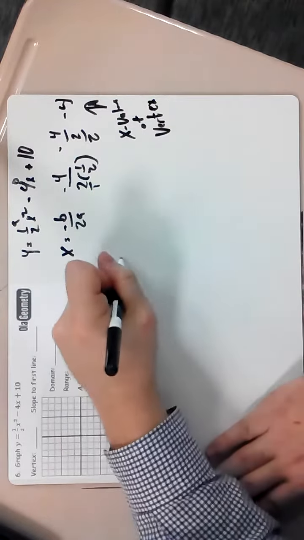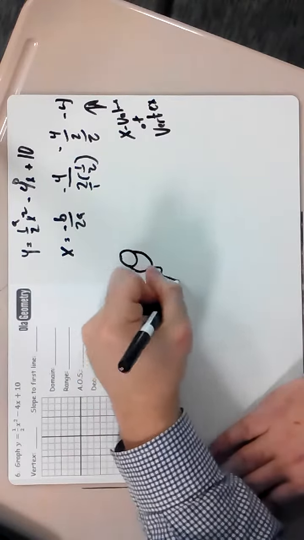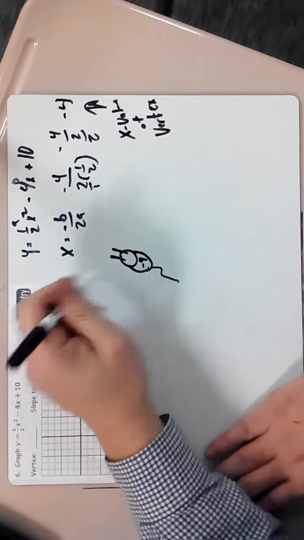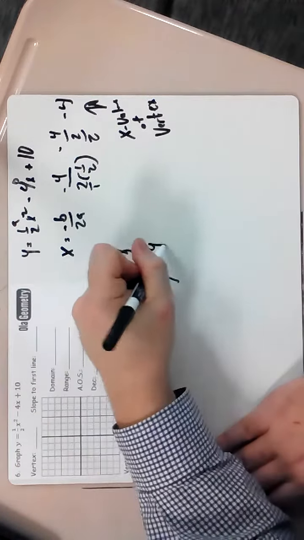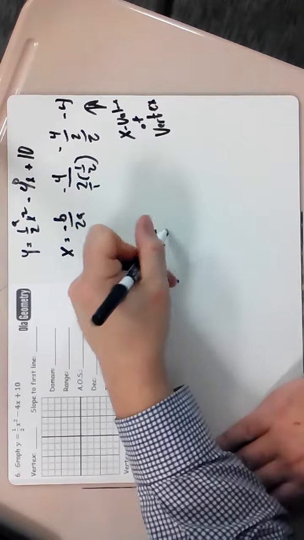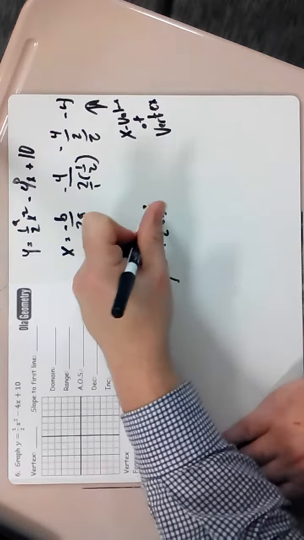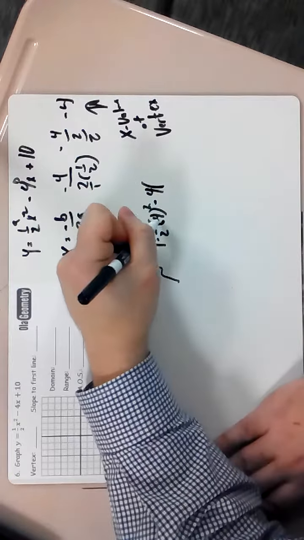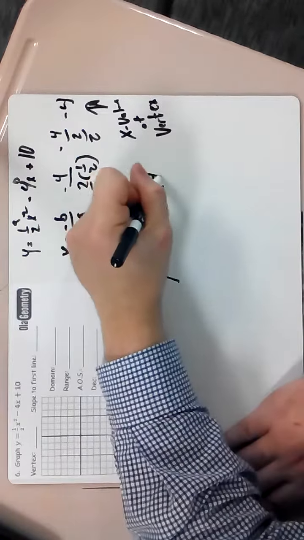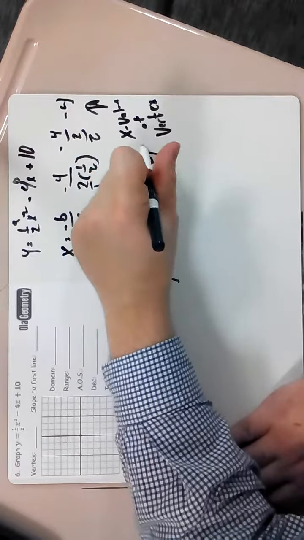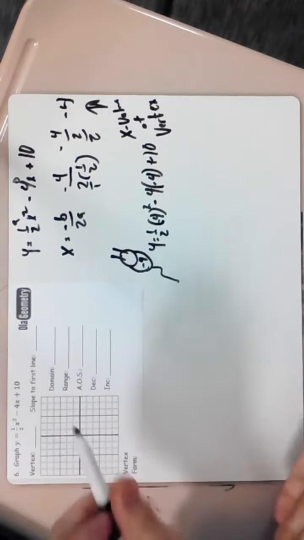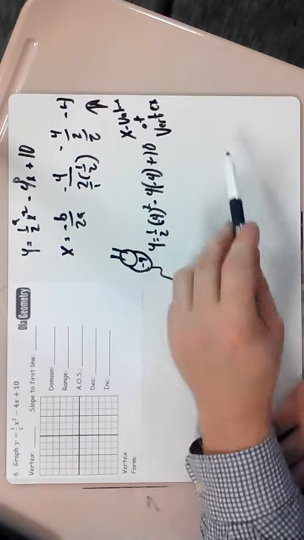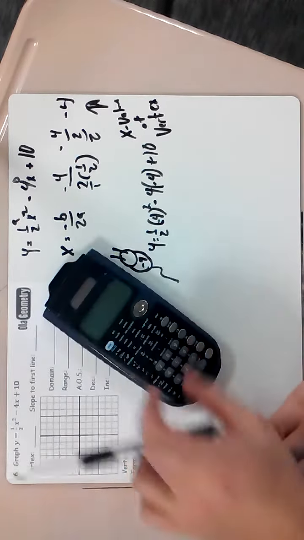Now I got to plug that in. So I'm going to draw my little plug. All right, we're going to put a little negative 4 in it, and we're going to plug that right into here. So now I have y equals 1/2 times negative 4 squared minus 4 times, that's negative 4, got to be careful there, plus 10. This is how I'm going to get the y value of the vertex. Now you think I'm going to go and just try to figure this all out by hand, but I'm not.